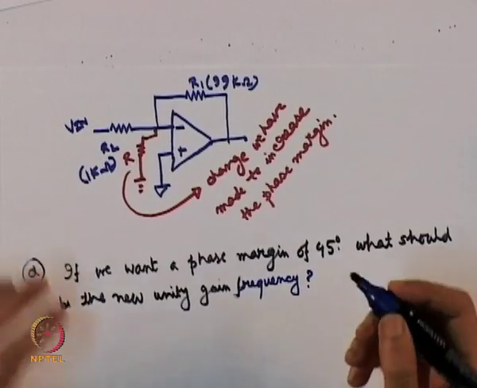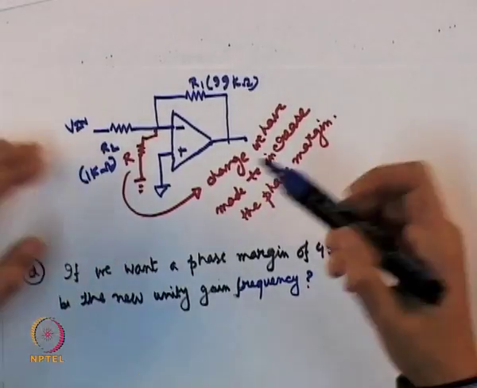Earlier we calculated the unity gain frequency for the circuit when that resistance was missing. Now we have added that resistance in order to improve the phase margin, and then what effect it will have on the phase margin, what will be its new unity gain frequency, that we have to find out.